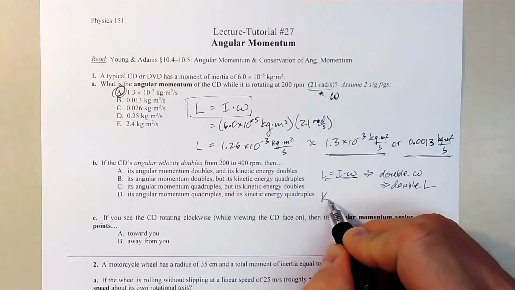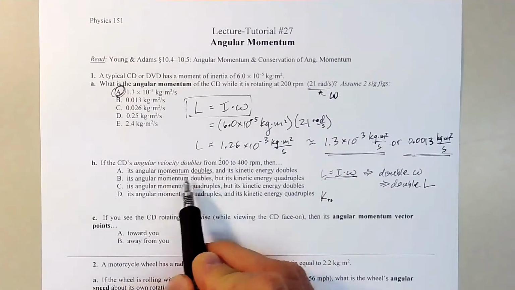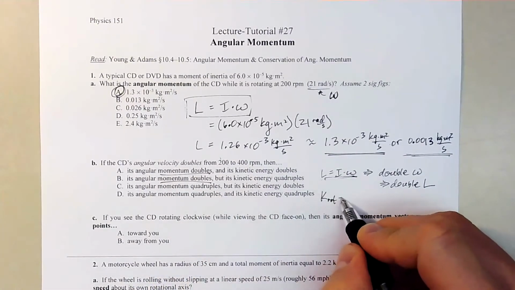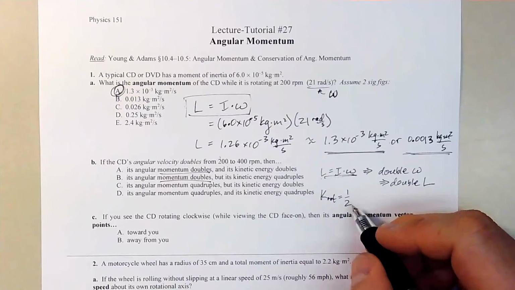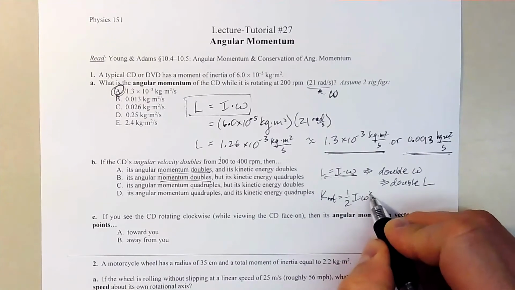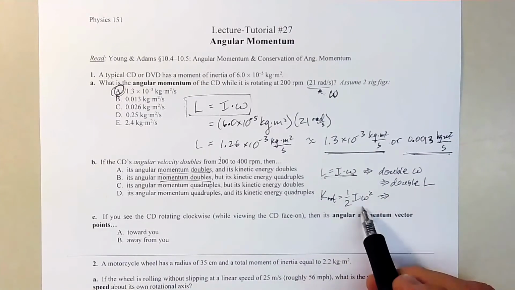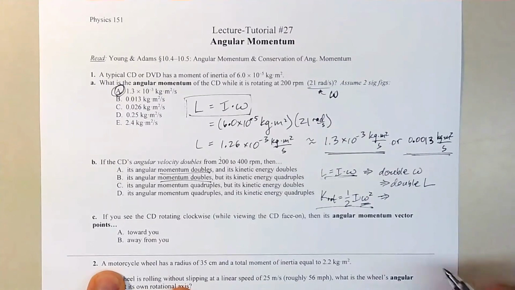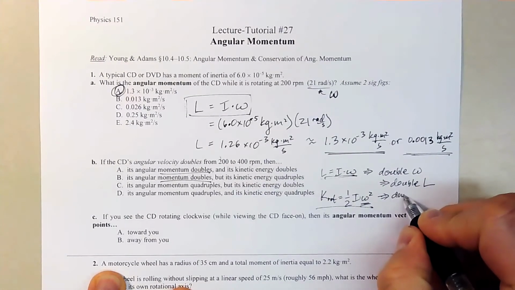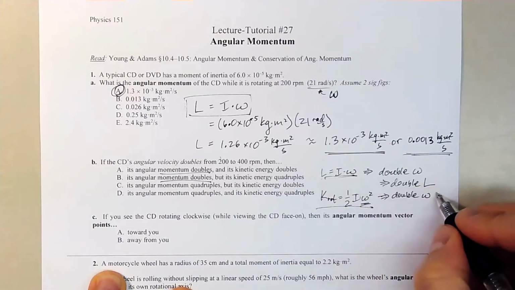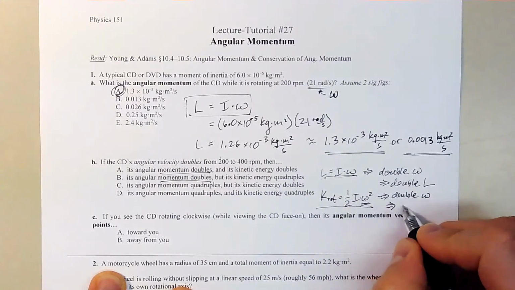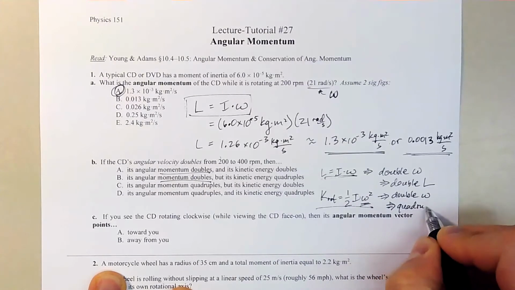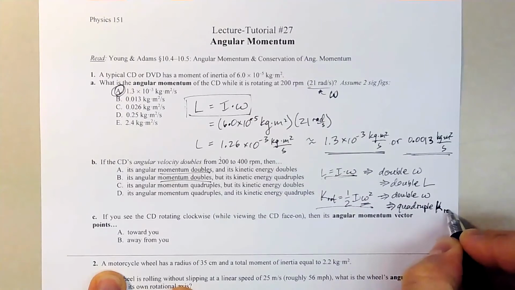How about rotational kinetic energy? The formula for that was 1/2 I omega squared. Notice here, kinetic energy depends on omega squared. So that means if we double the angular velocity, it will quadruple the kinetic energy.